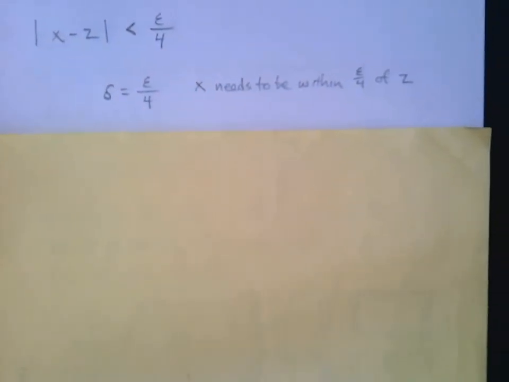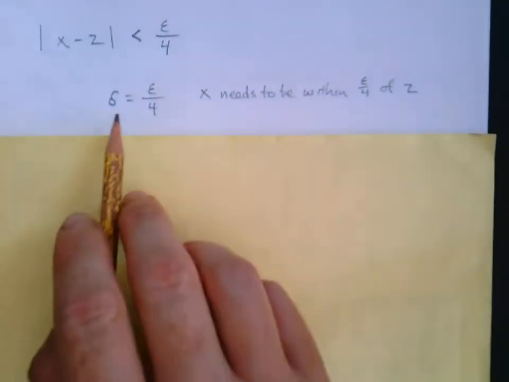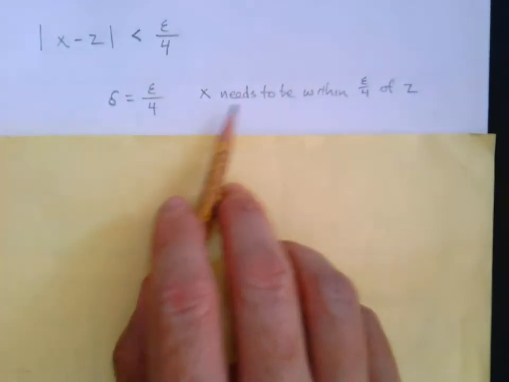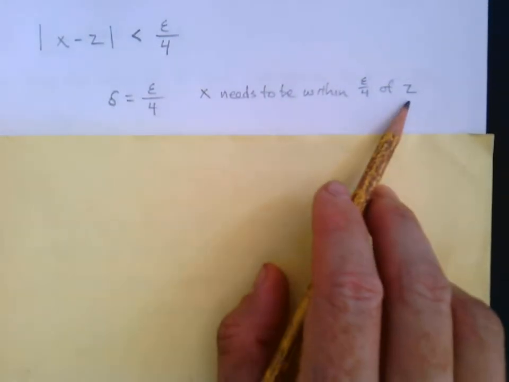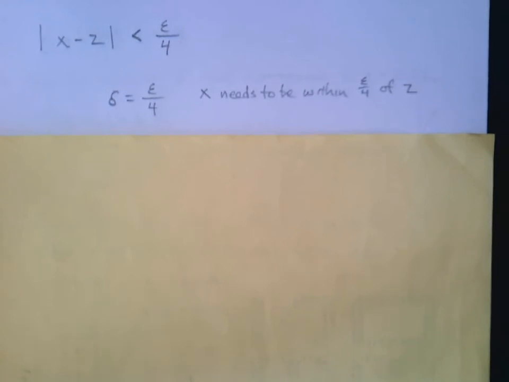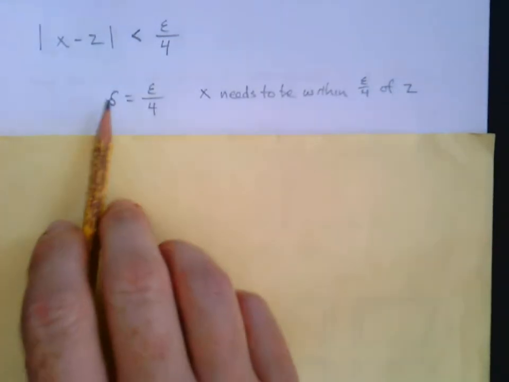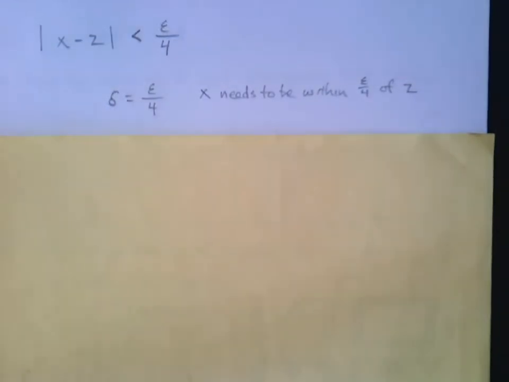And you can see that's what delta equals, because delta describes how close we need to get to 2, how close x needs to be to 2. Delta will equal epsilon over 4. Now this is a big step forward. We're almost ready for the precise definition. What are we saying here?